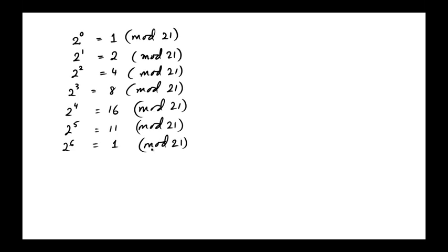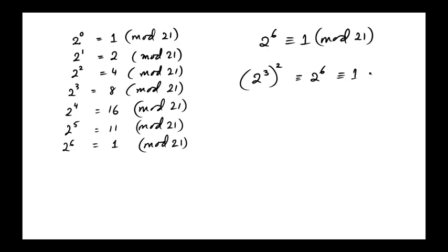Okay, so now is it significant that 2 to the 6 is 1 mod 21? Well, yes, it is, because 2 to the 6 is congruent to 1 mod 21. What this tells us is that if we take 2 cubed and we square it, this is 2 to the 6, which is 1 mod 21.